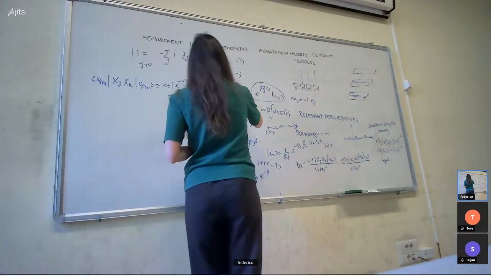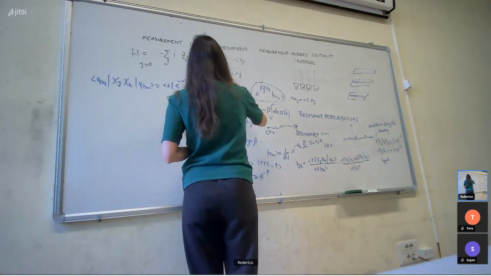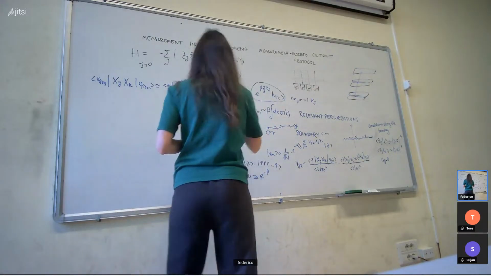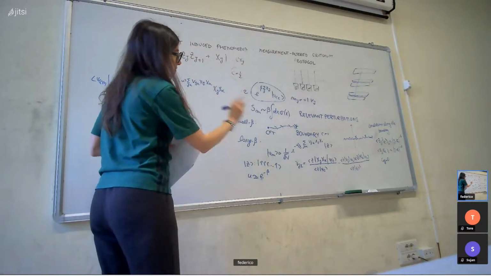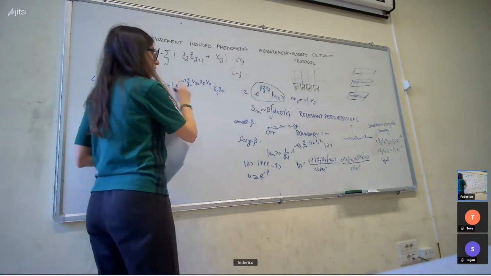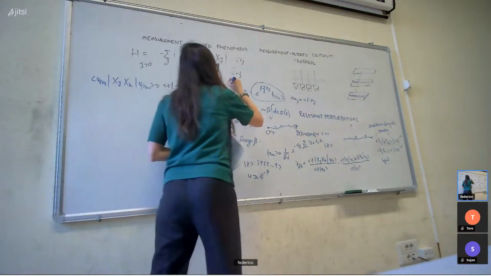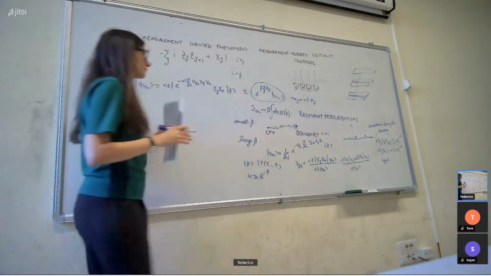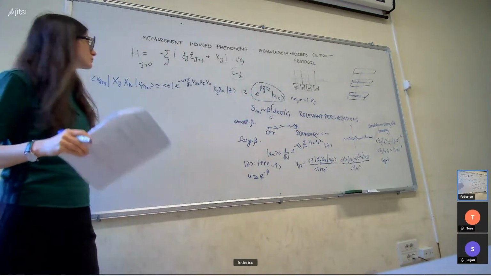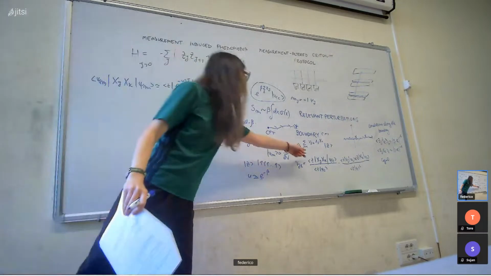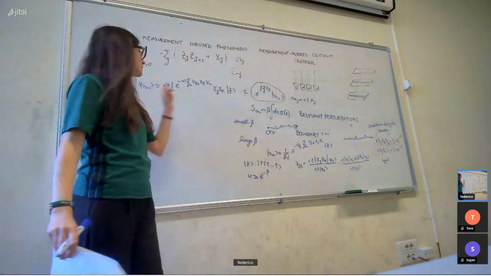Then we have x_j x_k. Actually, it is also commuting, just because these objects commute from x.